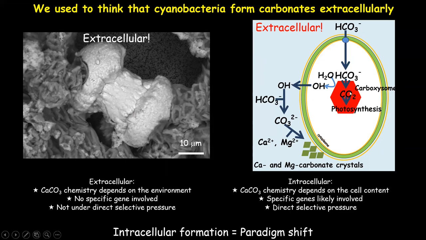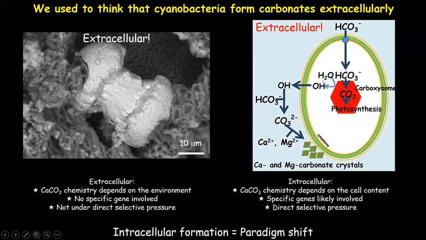Within the cells, there is a compartment here, which is in red, that is called a carboxysome. It's delimited by proteins. And this is where the reduction of CO2 into reduced carbon, organic carbon, takes place. So you see that at some point you have transformation of bicarbonate to CO2, and that releases OH minus.